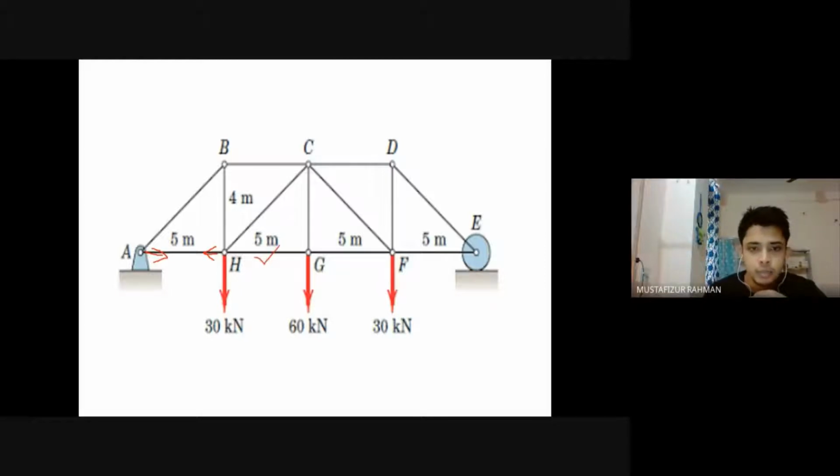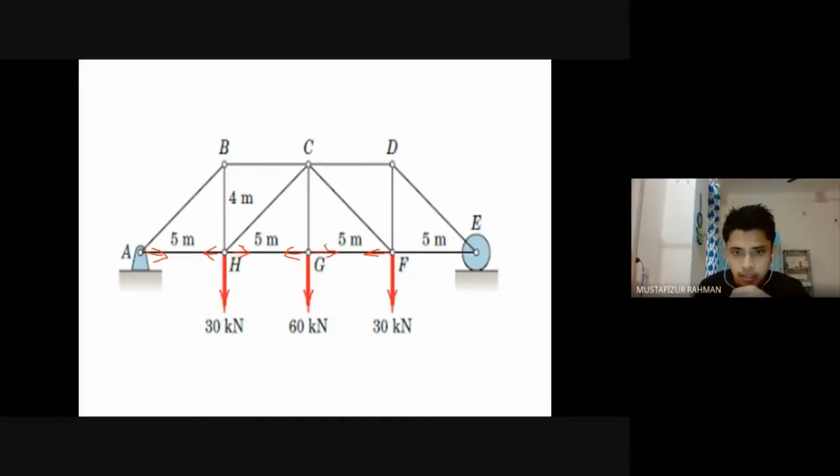Similarly, in this member, if the member is trying to expand, the joint will push back to maintain the stability, and from the joint there will be reactions like this. Now, this is how we represent the member forces.